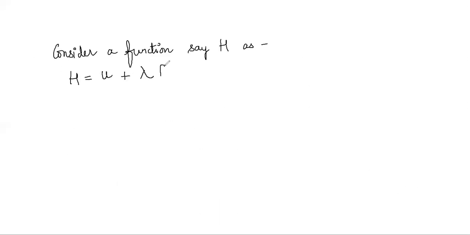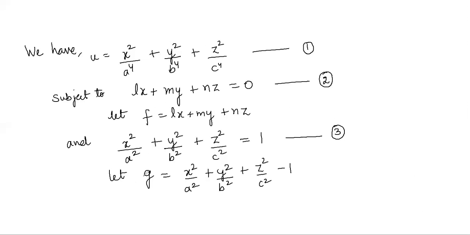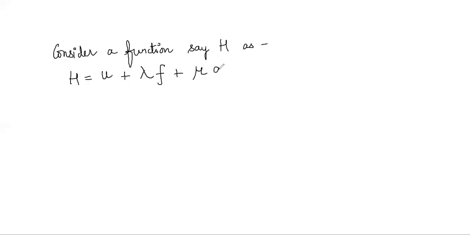Then let us take the second Lagrange's multiplier, mu, times g, since here we have taken the notation g.